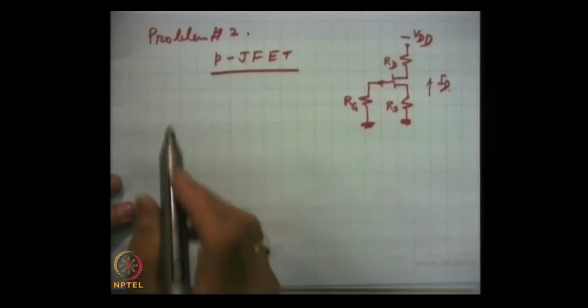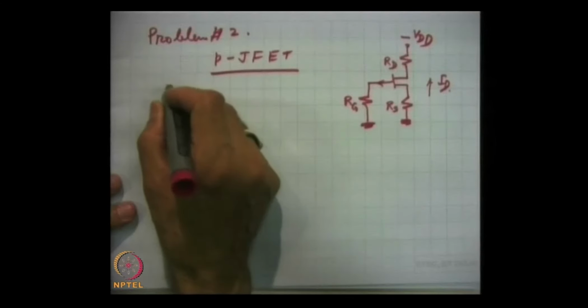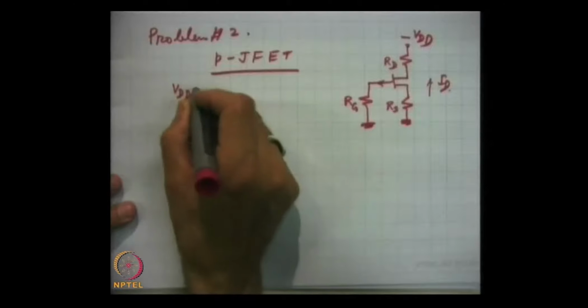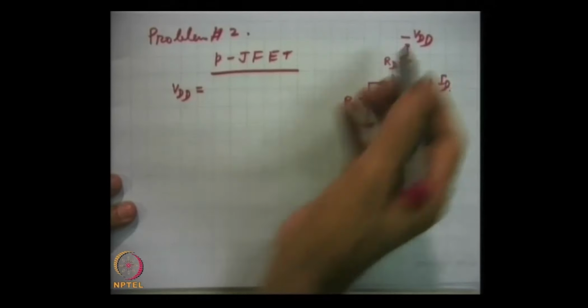So, here what is available is that VDD is 12 volts, sign is provided here.